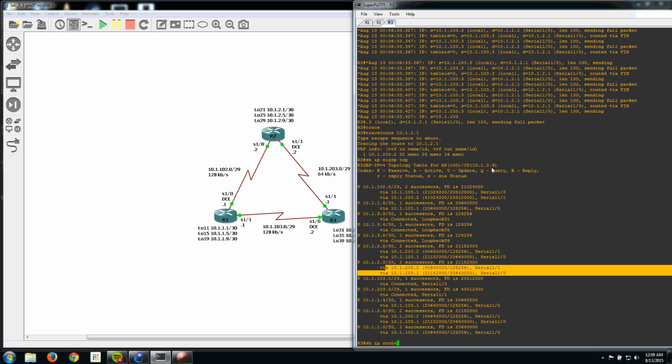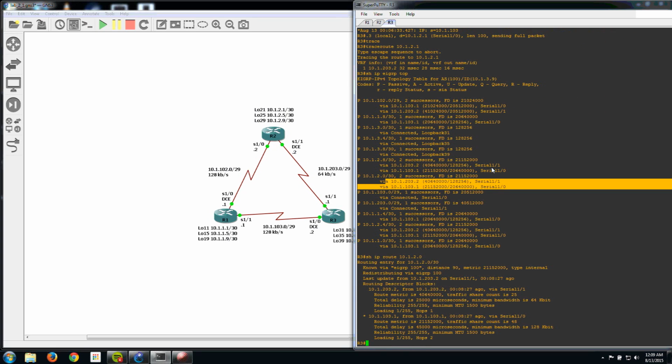Let's go 10.1.2.0. So it's still there. Feasibility metric. I'm interested why that is not kicking over.